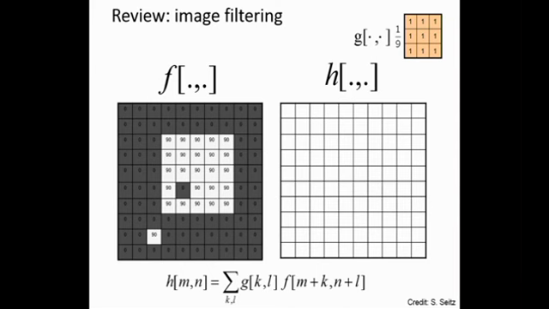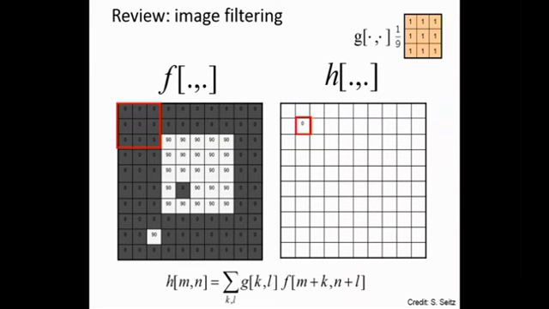Okay, so last time we talked about spatial filtering. The idea is that you have some filter like the box filter, and you slide it over the image. At each position, you multiply the elements of the filter with the corresponding elements of the image, and take the sum, and that's the response of your filter.